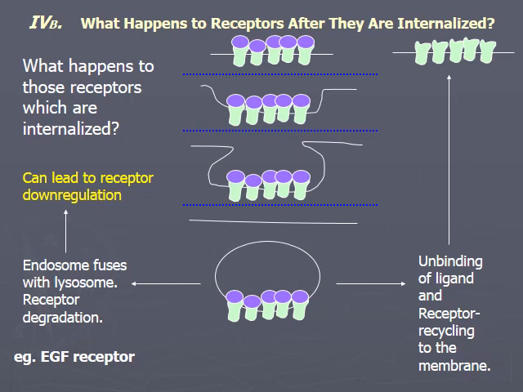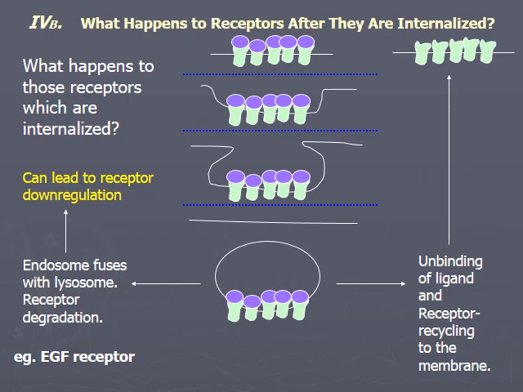Long, right? So if the vesicle that contains these drug-bound receptors fuses with the lysosome, it's going to take some time before we make new receptors to put back into the membrane. That's called receptor downregulation. There's an extended time interval where the tissue stops responding to the drug because there are fewer receptors on the surface than there were before.